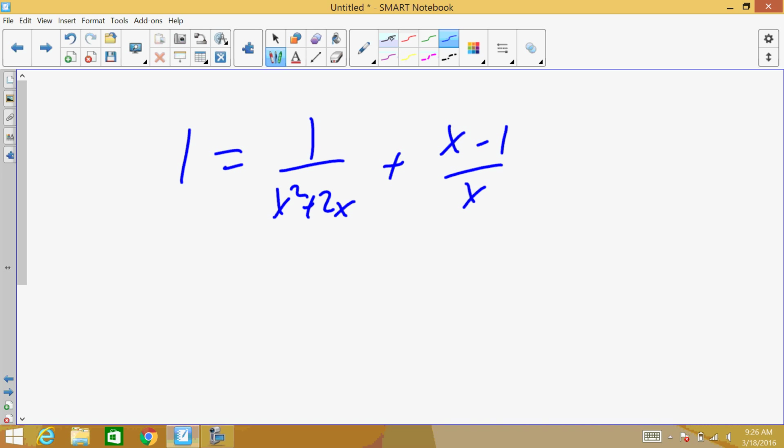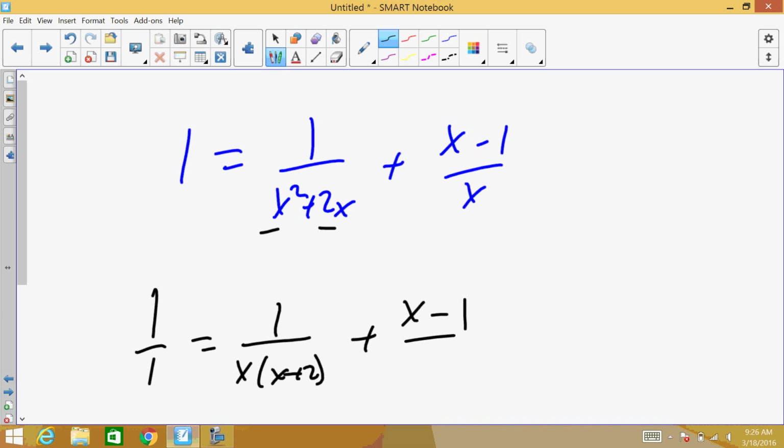But I have to factor all of my denominators first. So over here on the left side, 1, well, that's just 1 over 1. This first fraction on the right side, I've got a common factor of an x from those two terms. So I'm going to get x times (x plus 2), plus my final fraction.